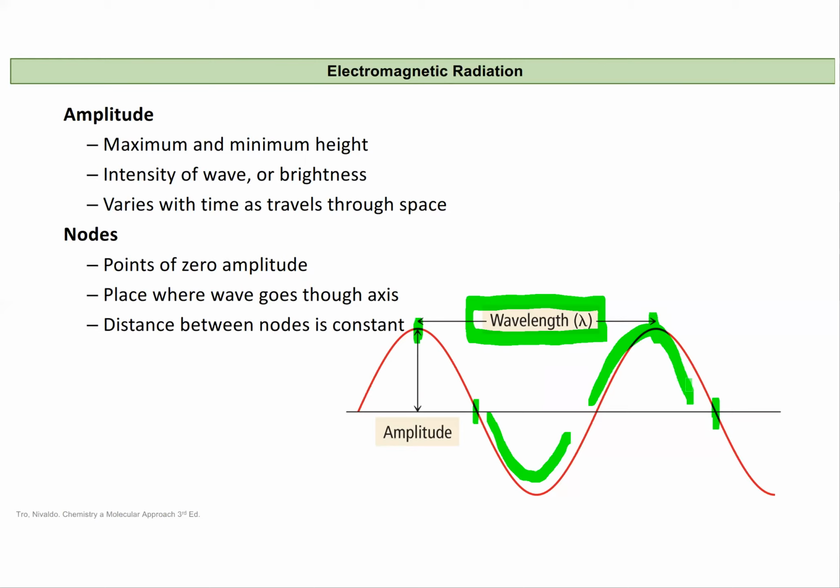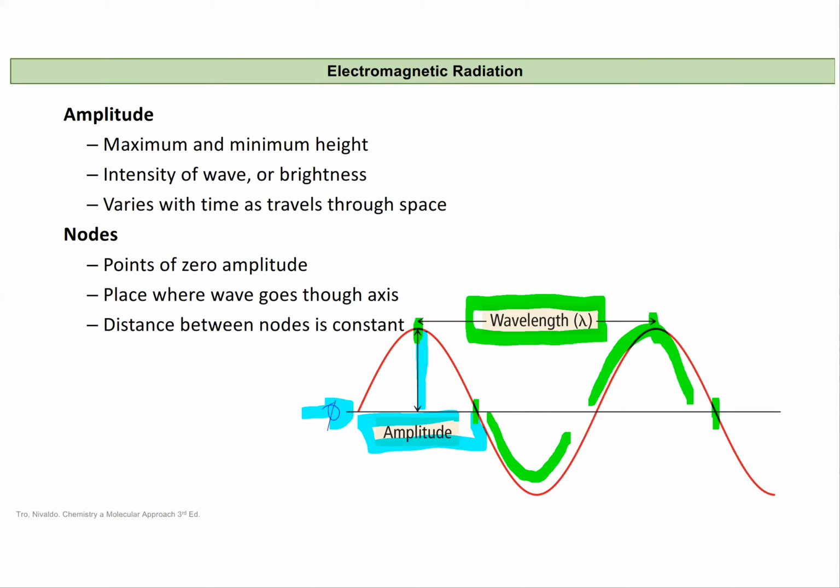The amplitude is another component of this. The amplitude is really that height between what we're thinking of as zero and the peak of the wave or the valley of the wave. It's the maximum or minimum height that it can achieve.